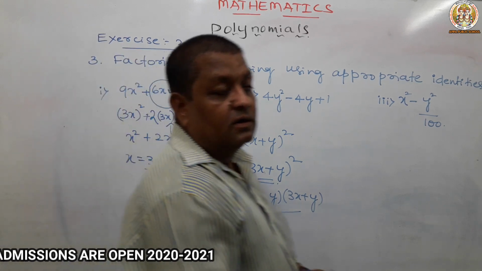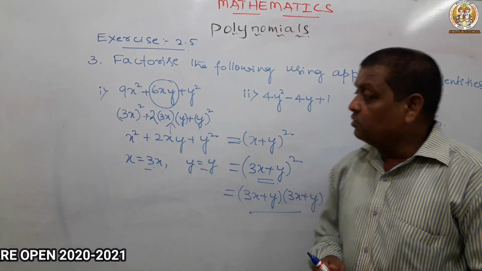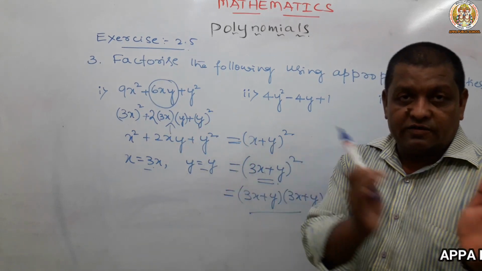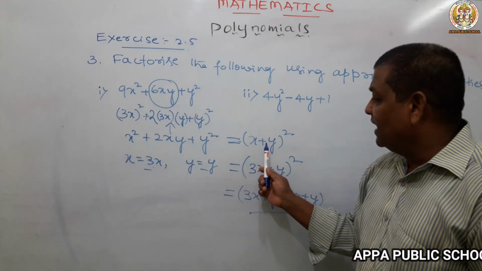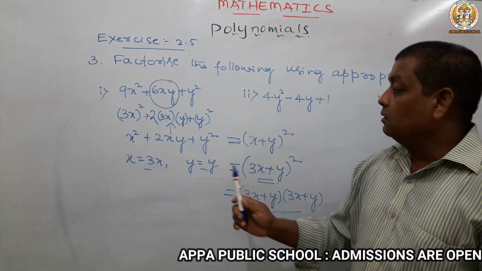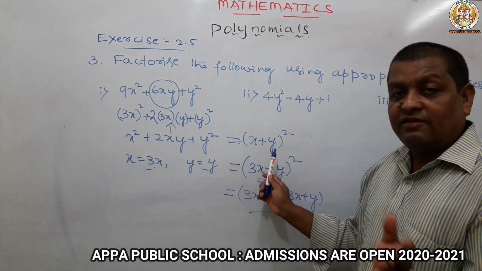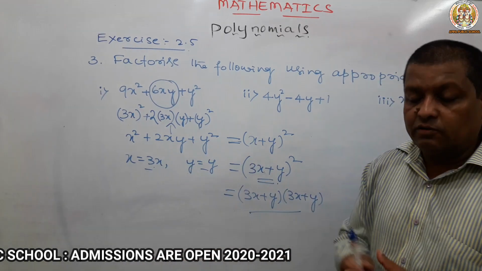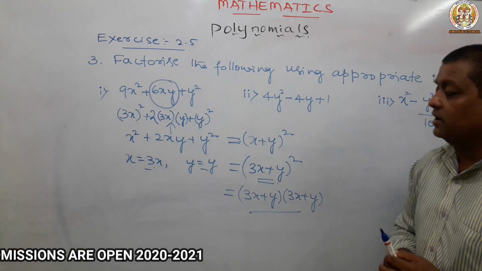So how did I complete this? Very important: we have to use the RHS to LHS formula, that is x plus y whole square, to this. Means this to this side. LHS to RHS is this one and RHS to LHS is this one. We need to be able to go in both directions. Okay. What is next?